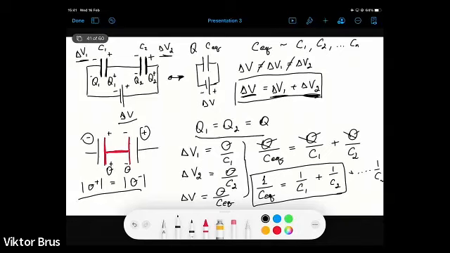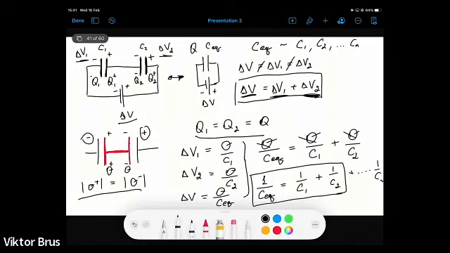As opposed to parallel connection, when we have the sum of all capacitances, and that will be equal to equivalent capacitance. Equivalent capacitance of capacitors connected in series will be smaller than the smallest capacitance included in this series connection.